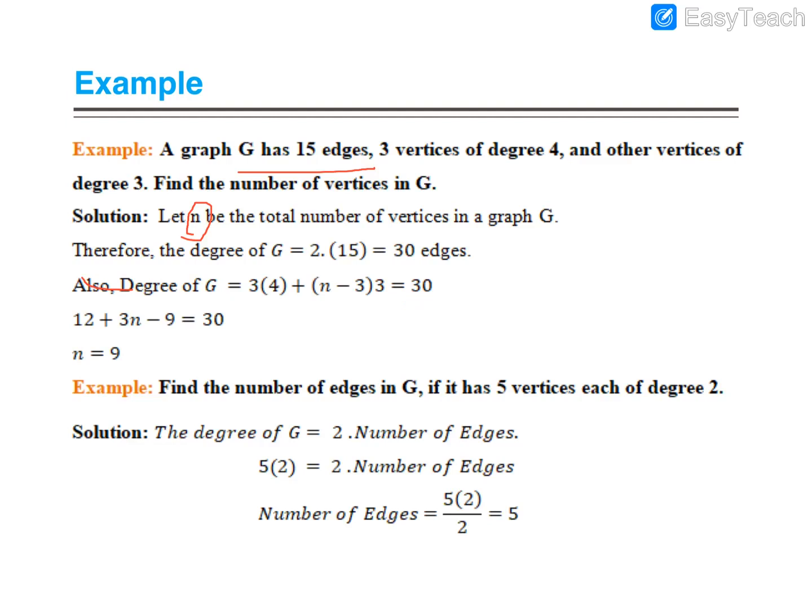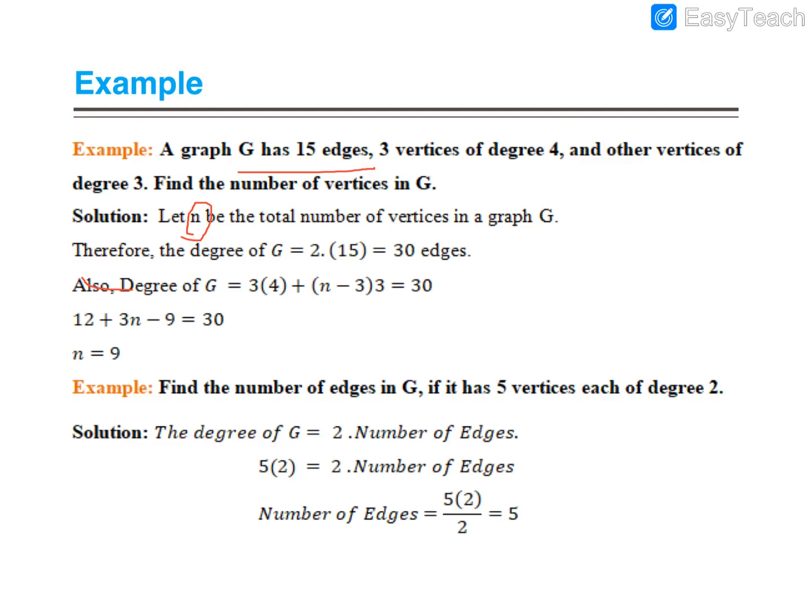As it is given that there are 3 vertices of degree 4, and out of n the other vertices are n minus 3. Therefore the degree sum of G is equal to 3 into 4 plus, since the total number of vertices is n, the remaining vertices are n minus 3.